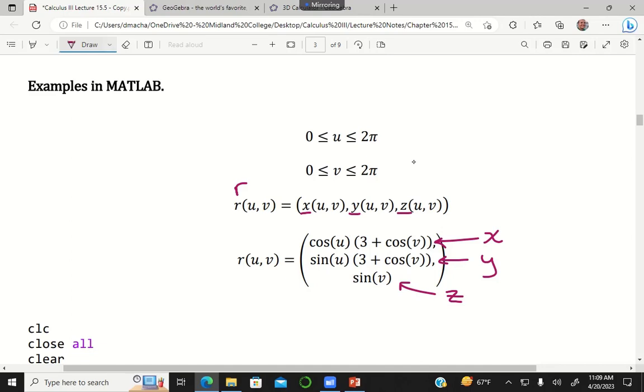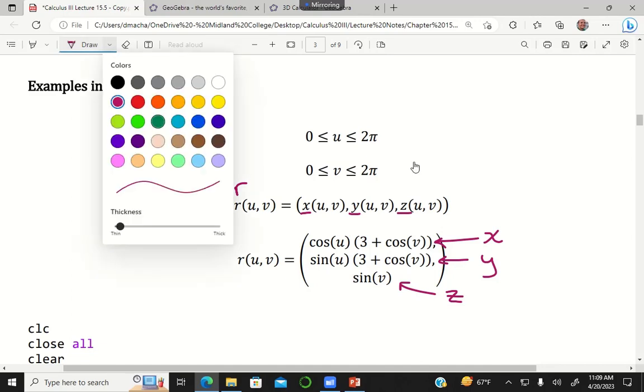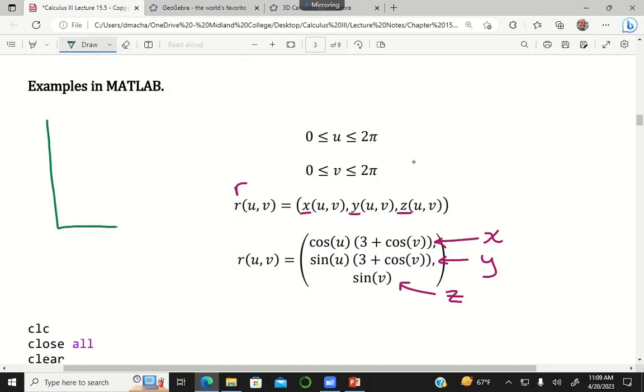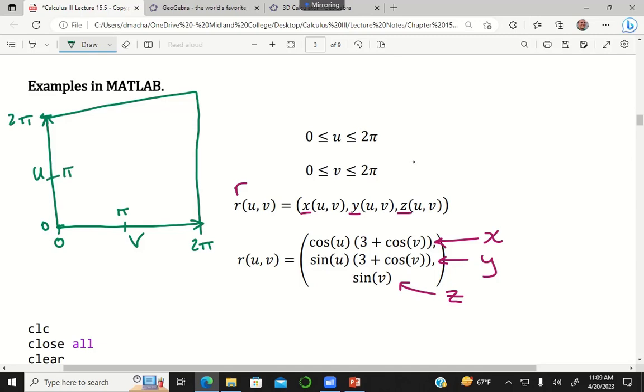And the way that I try to think about this is I think about a little square. And this square has a direction u and a direction v. And so here is 0, here is 2 pi, here is like pi, and then here's 0, 2 pi, and pi in the u direction.